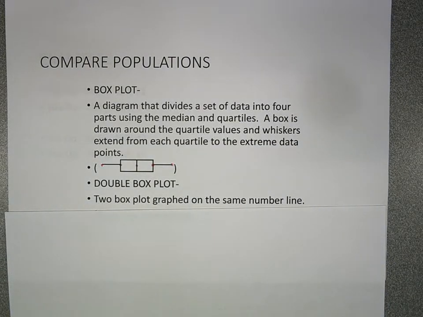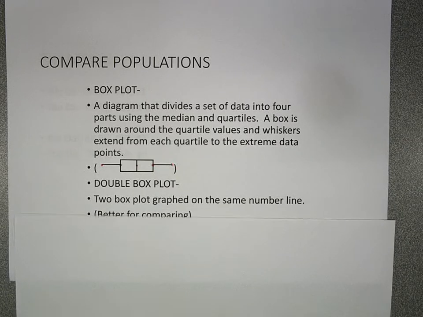The box and whisker is going to be above it, but there's going to be one stacked on the other above the same number line for us to compare the data. And right there it says, it's not so much a definition, but a little reminder that this is actually better for comparing, since they're right next to each other.